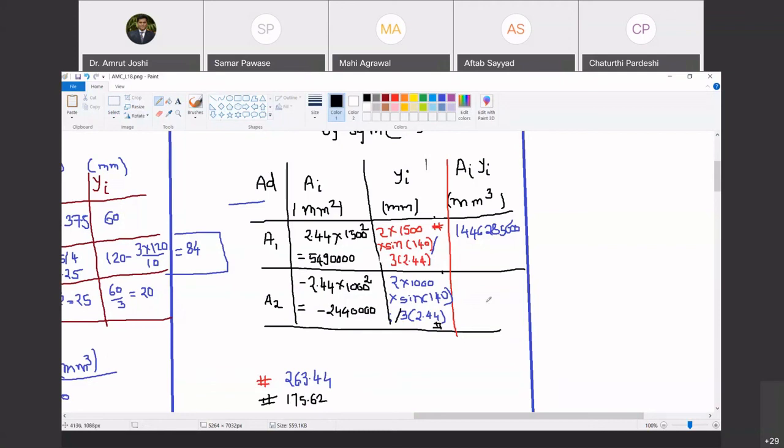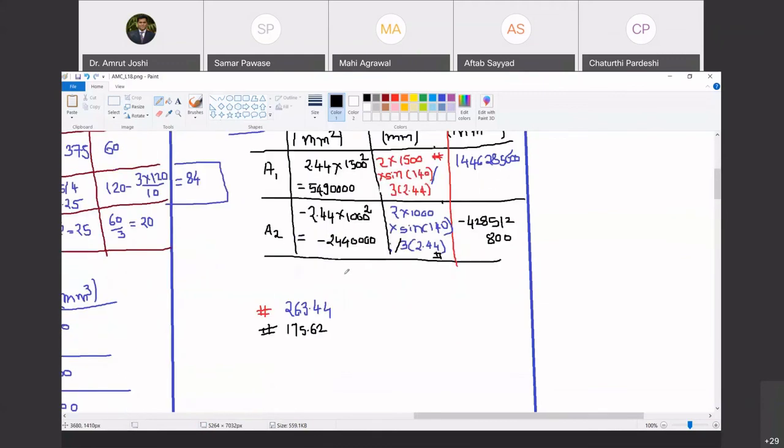So both these values in mm. Now tell me this value. So minus 244,000 multiplied by 175.62. So minus 428,512,800. Right?